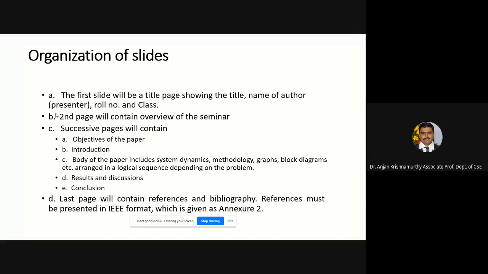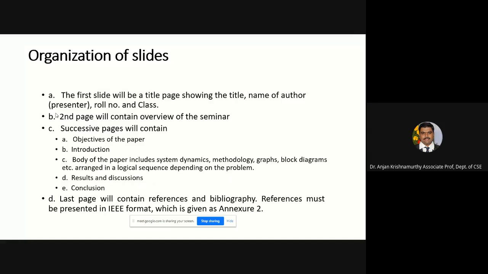Please make sure that whenever you extract the graphs and other things from the original paper, you put a courtesy note for it, right? We are under the Washington Accord from 2014. We must honor the contribution of the original author by mentioning a courtesy note if the material is not your original material. Then you have to conclude your seminar talk with what you have learned and what you have effectively presented in that session, followed by a last page which contains your references and bibliography.